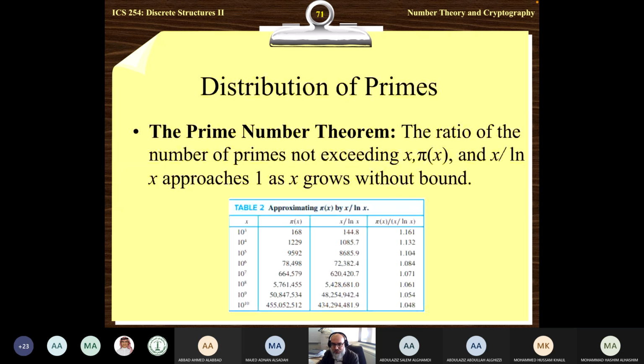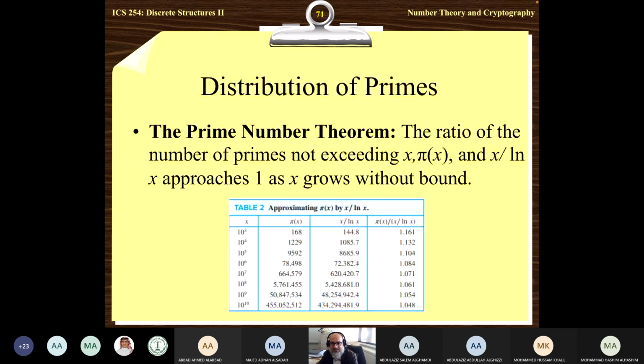No, that's not what it says. It's a good attempt, Abbad, but you really missed it. Look at the table.